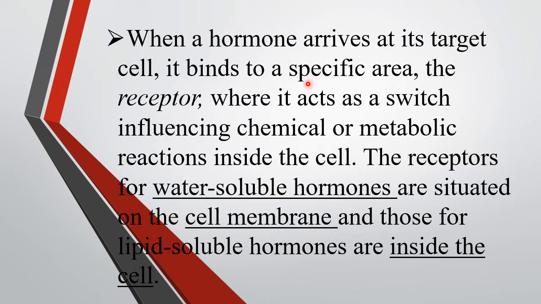So you have two kinds of hormones. These can be a water-soluble hormone or a lipid-soluble hormone. Once it is a water-soluble hormone, its receptor is on the surface of a cell membrane. Okay, remember that your cell is made up of a bilayer of phospholipids.